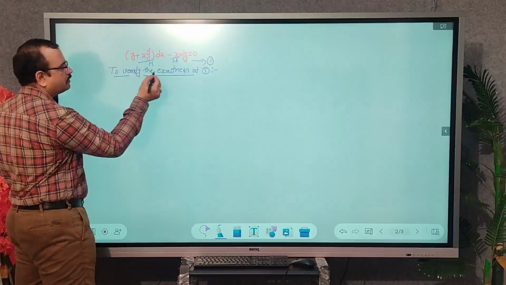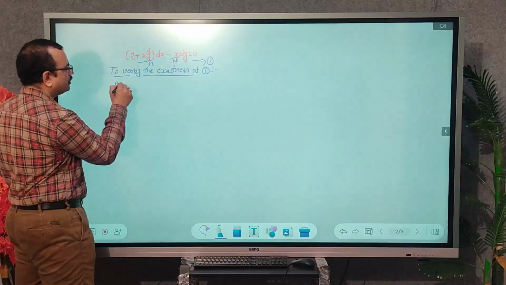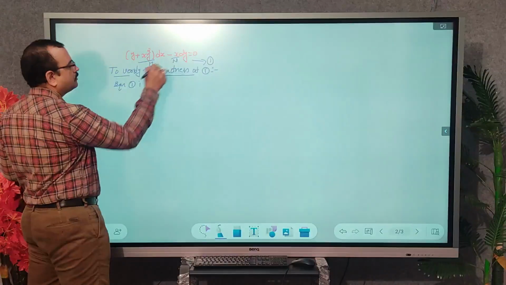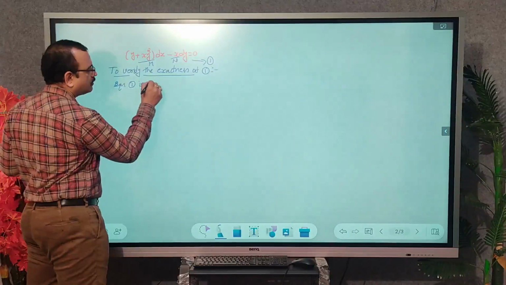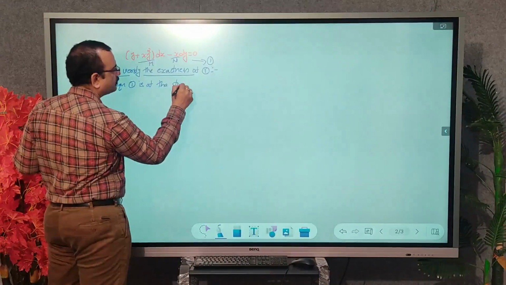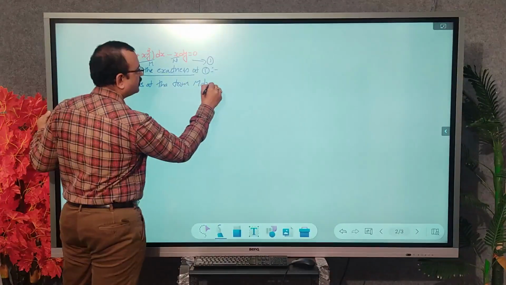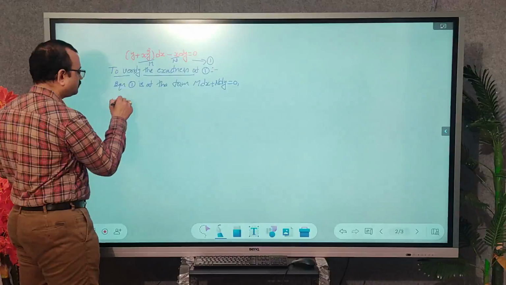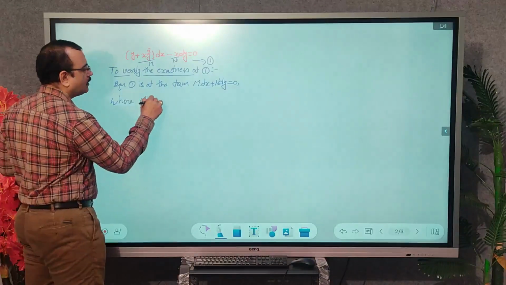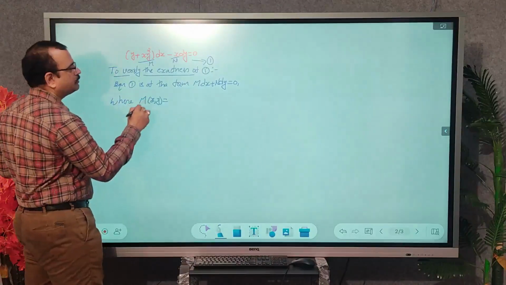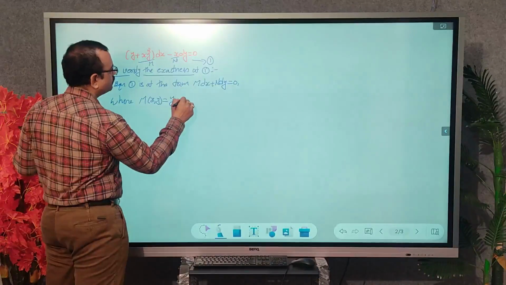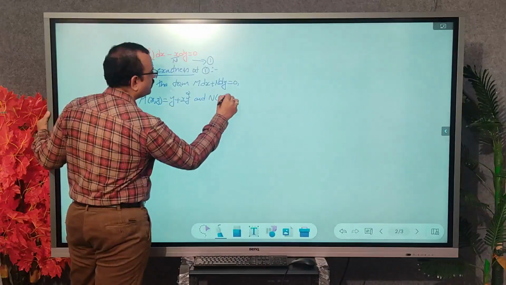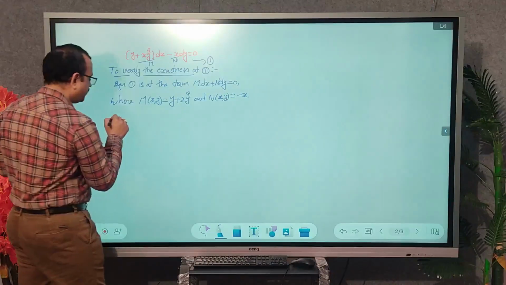Otherwise, if you want, you can write, because in examinations we cannot write like this: equation 1 is of the form m dx plus n dy is equal to 0, where m is a function of xy, m is equal to y plus xy square, and n is equal to minus x. Now you calculate the partial derivatives.